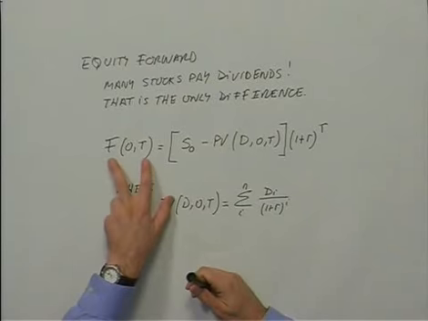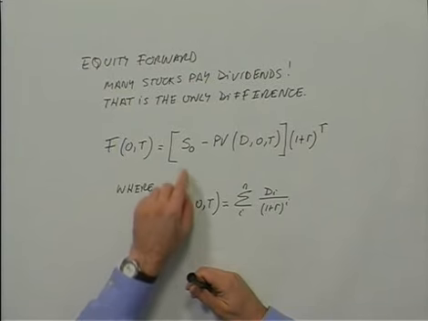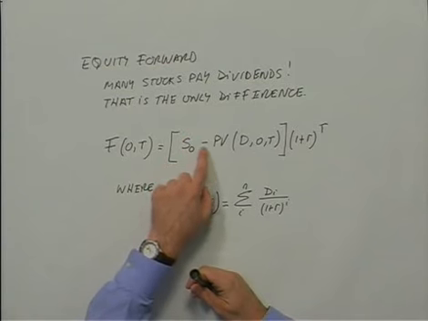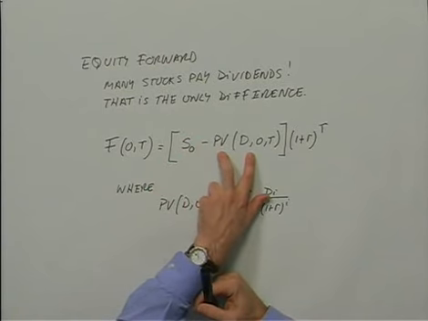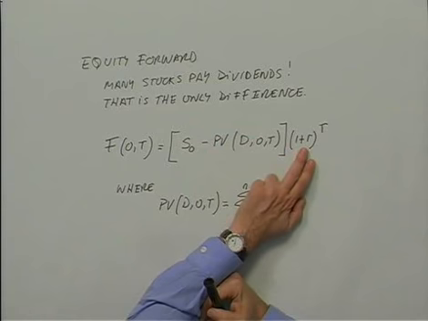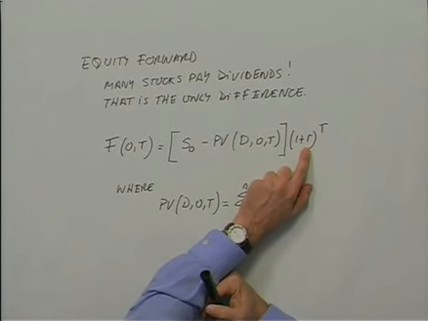In that case, the forward price, the no arbitrage forward price, which we also call the fair value forward price, would be equal to the current stock price minus the present value of the dividend payments, everything multiplied by 1 plus R, or the financing cost, or we can call that the carrying cost of the underlying.